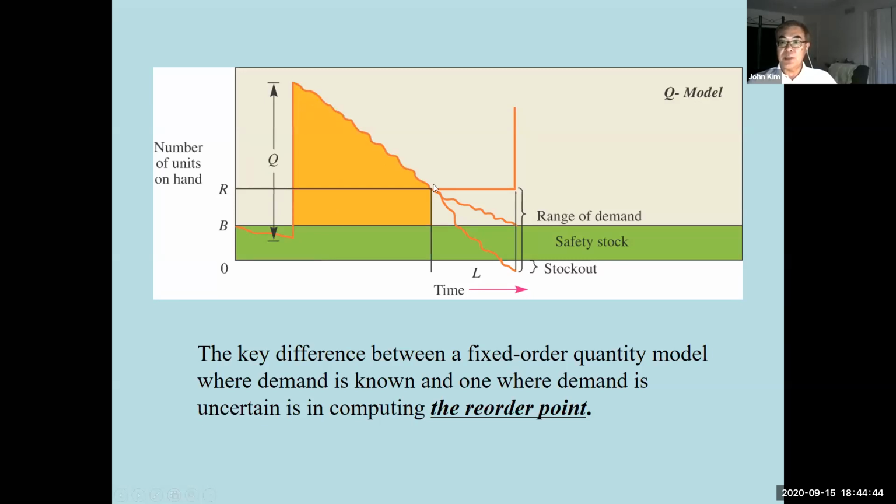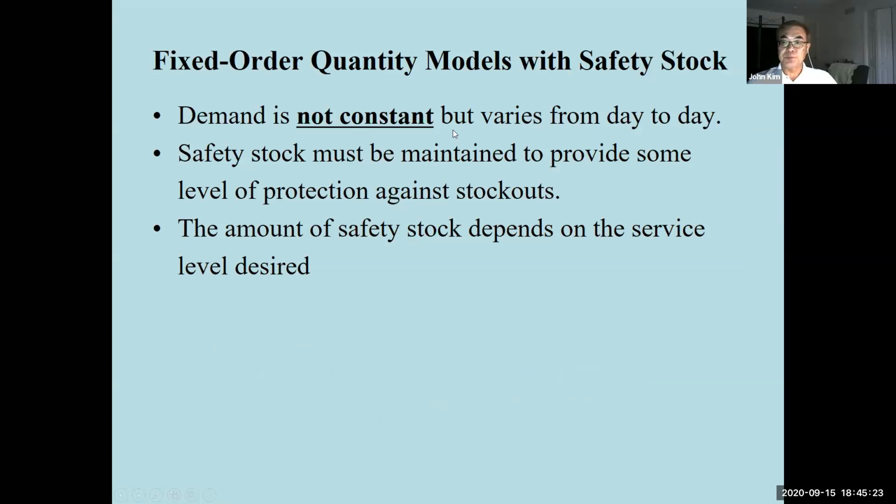If demand is constant, then we can predict when the inventory level is 0 and place an order at point R. But sometimes there is more demand, then it can be out of stock earlier than we receive the next order. So we need a safety stock. We call this the safety stock model.